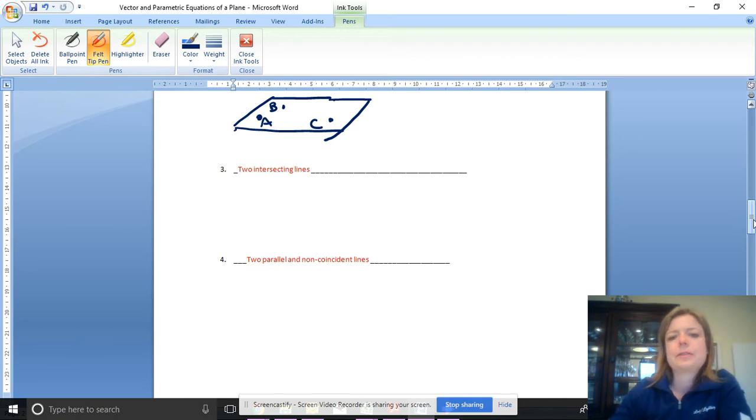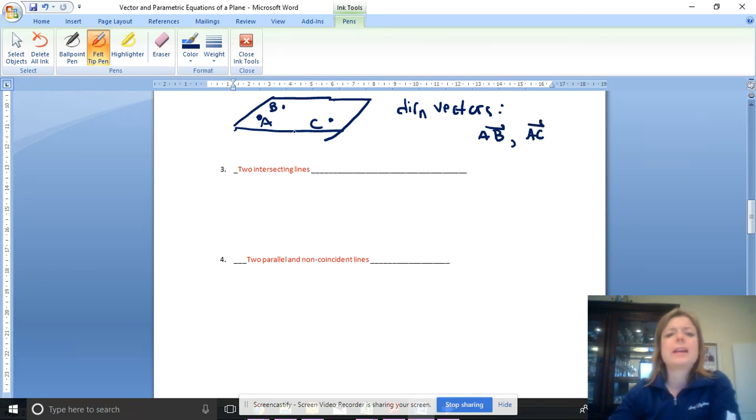So I guess you can write that there if you want. The direction vectors would be AB and AC, and then you'd use any of the points for RO.